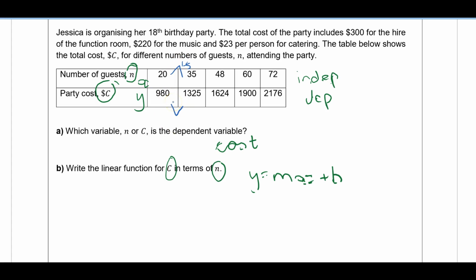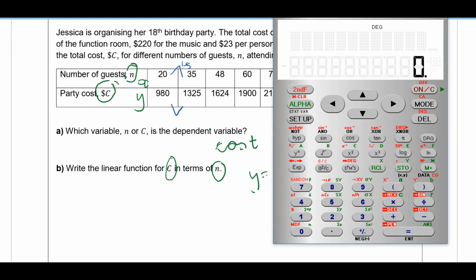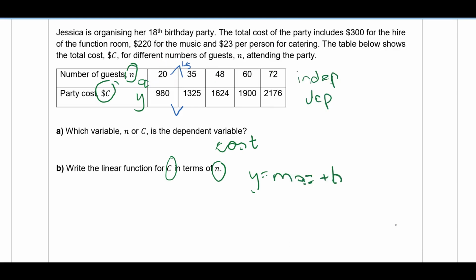And the difference here is 1325 minus 980, 345. So the gradient is 345 on 15, which will give me 23.